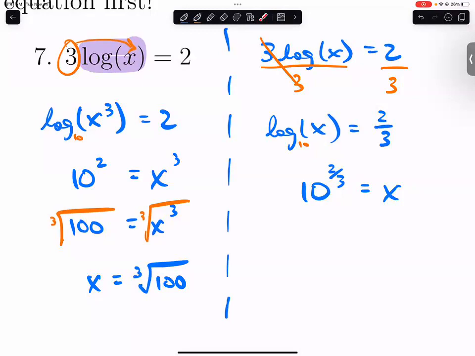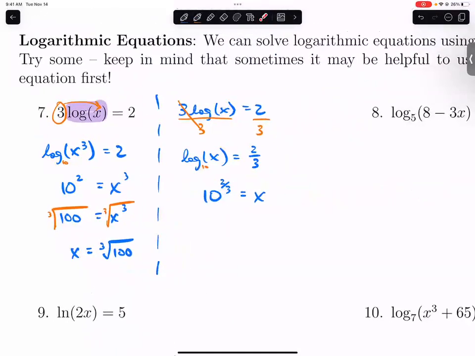Now, as usual, if it was the log of x plus 1 or something here, then I would just have a little bit of stuff to finish with. If this had been x plus 1, I'd just move it over. So basically, isolate somehow, then rewrite, and then if you still have stuff to move around to finish solving, you go ahead and do that.